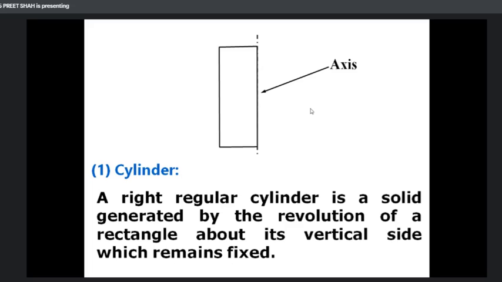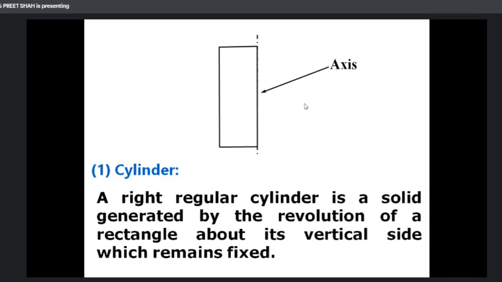Now if I rotate this rectangle face 360 degrees, it becomes a cylinder. So a cylinder is the solid generated by the revolution of a rectangle about a fixed axis.